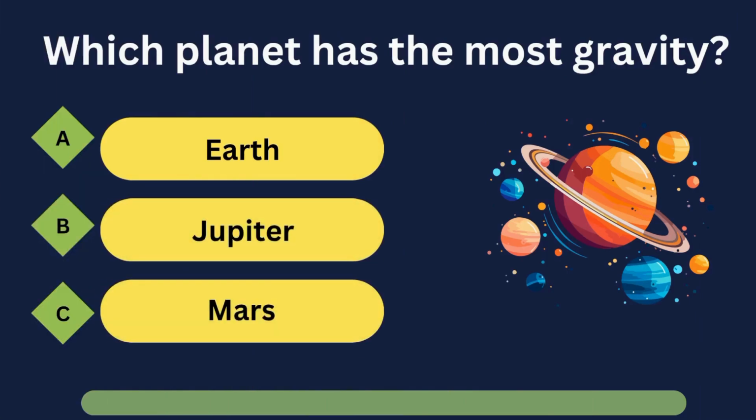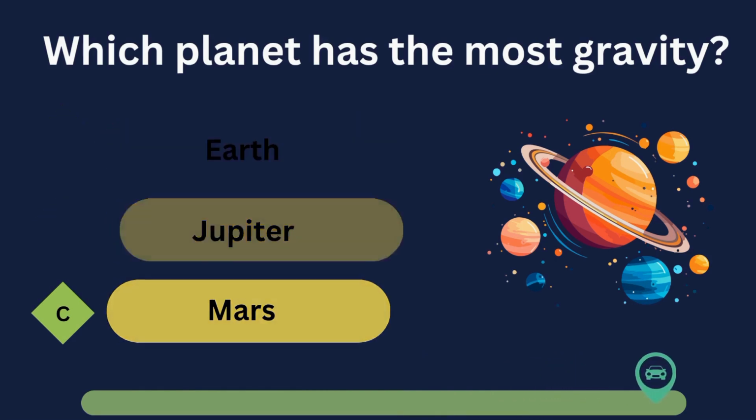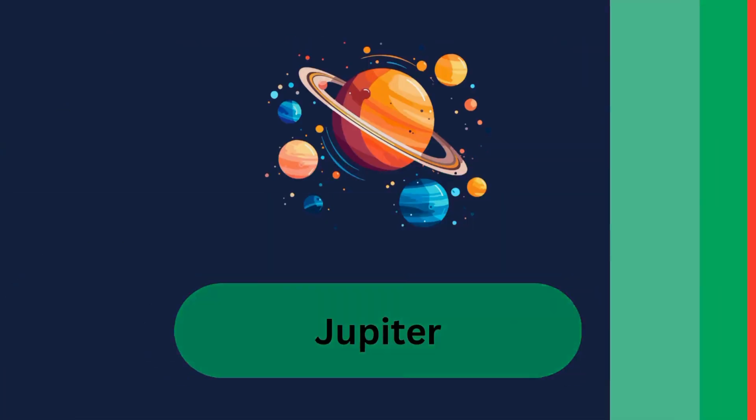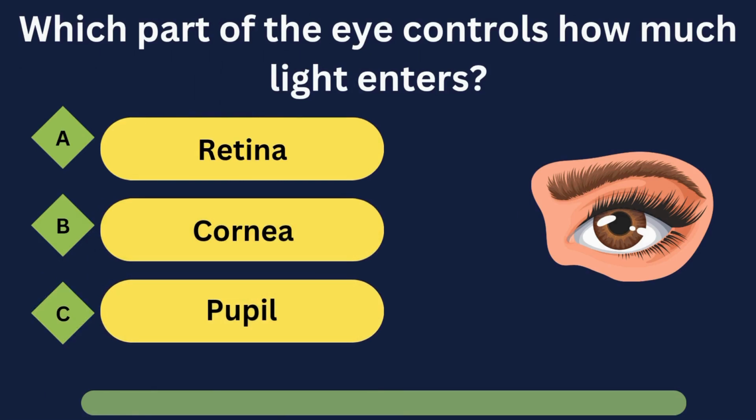Which planet has the most gravity? Earth, Jupiter, Mars. Which part of the eye controls how much light enters? Retina, cornea, pupil.